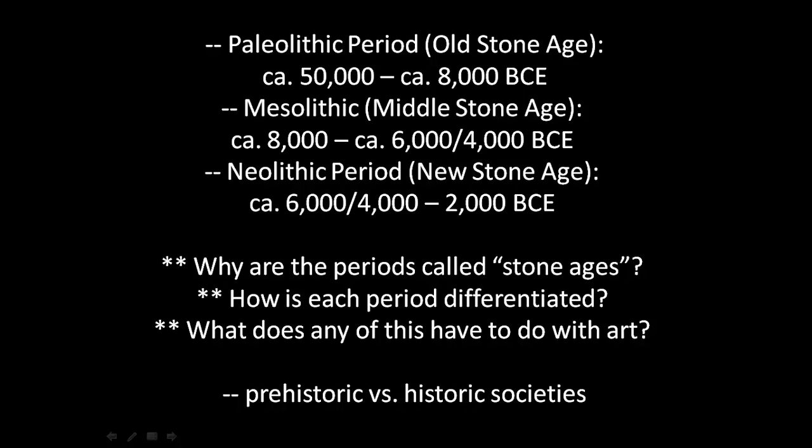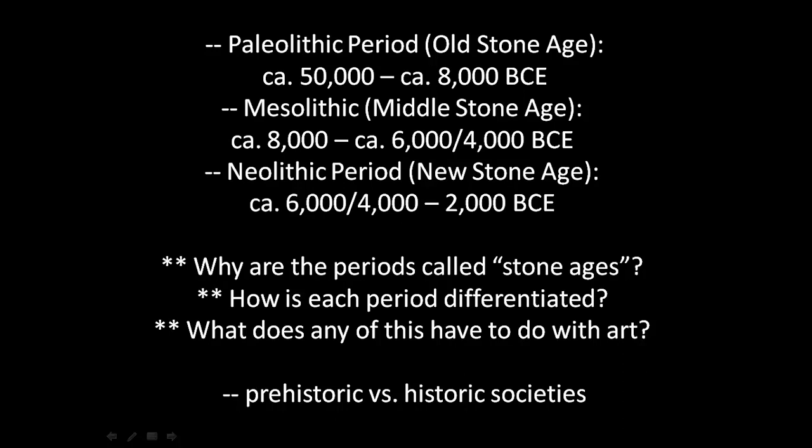Because of this, we're not going to be looking at examples of architecture in the Paleolithic period. This is not to say that people didn't make any sort of architecture. We do see examples of early humans creating huts out of mammoth bones, but we're not going to look at those in lecture. So everything is portable. There is one exception, and that is cave paintings, which we will be looking at the end of this lecture.